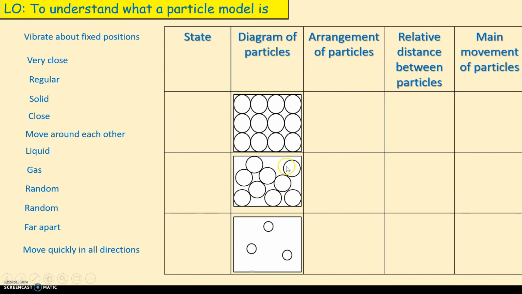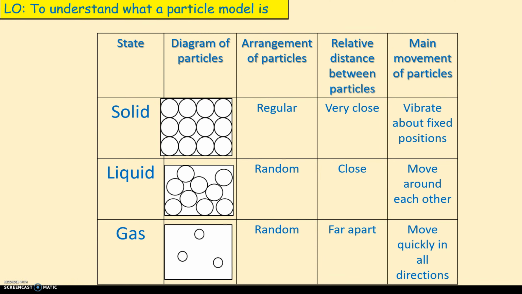Using the images as a starting point, your first job is to label which diagram would be a solid, a liquid, and a gas. And then you pick words from your keywords from the left, and you will be using those to answer what the arrangement of particles is like, the distance between them, and the movement of the particles. Please pause the video and do this now.